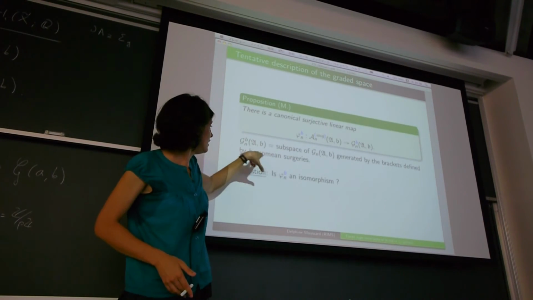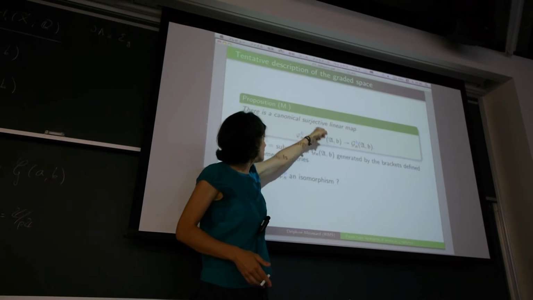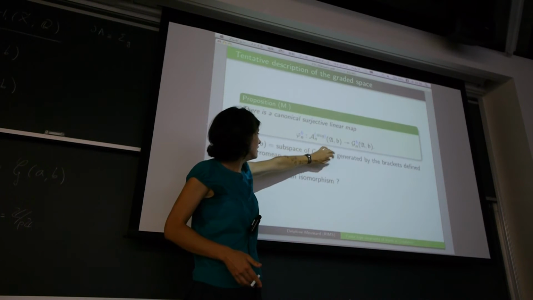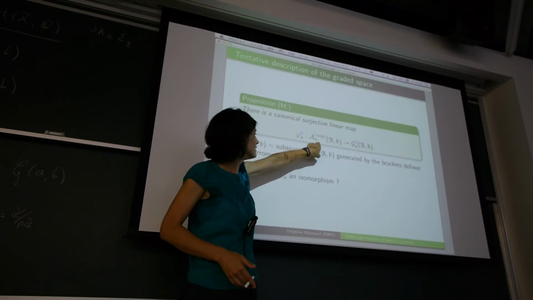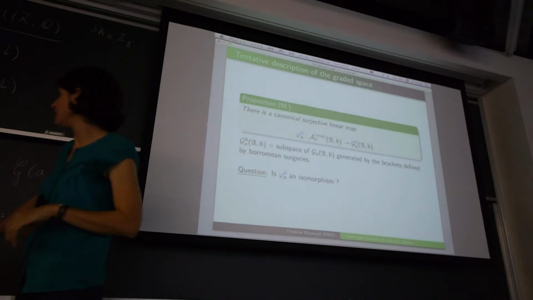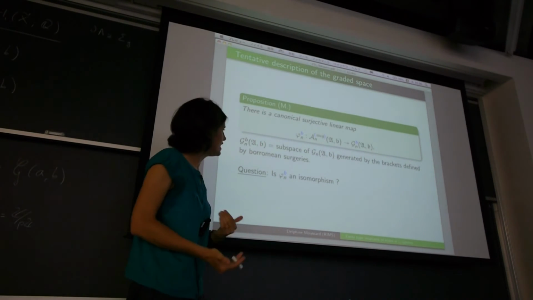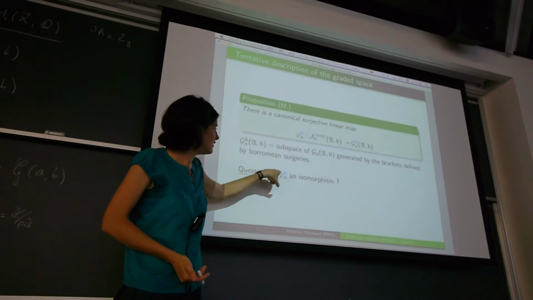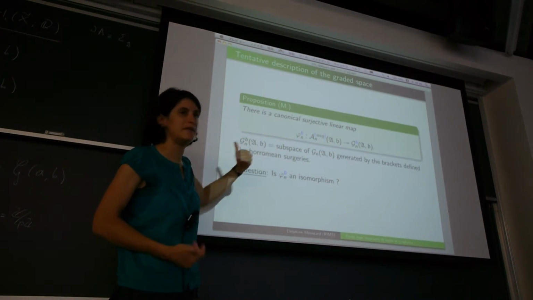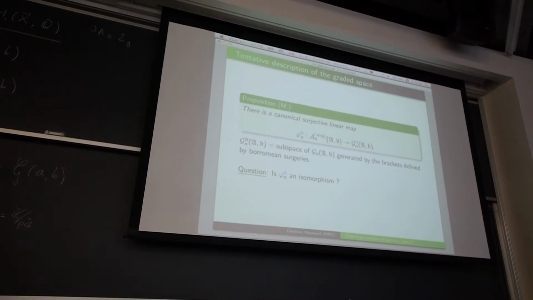And when we consider this subspace, we obtain the same kind of canonical and surjective map, but with the space of diagrams A_n^B. So we forget the isolated vertices in our diagrams. And it can be checked that if phi_n^B is injective, then phi_n will also be. So we can consider only this map phi_n^B.